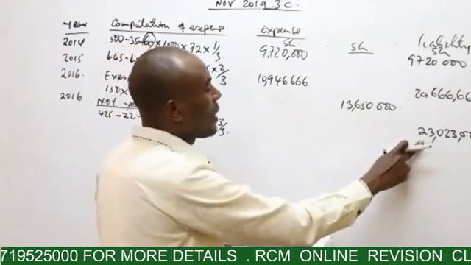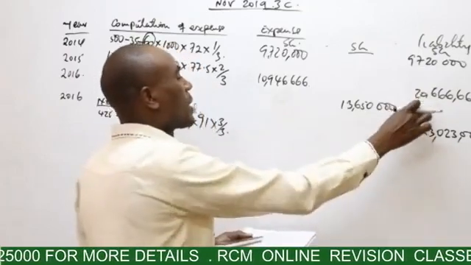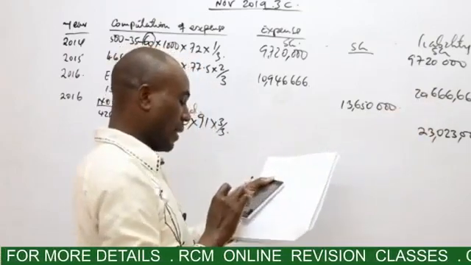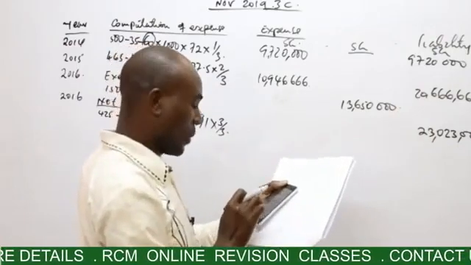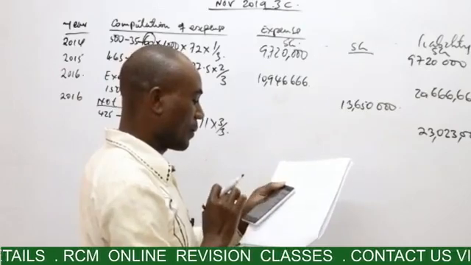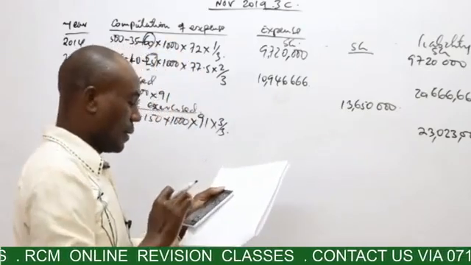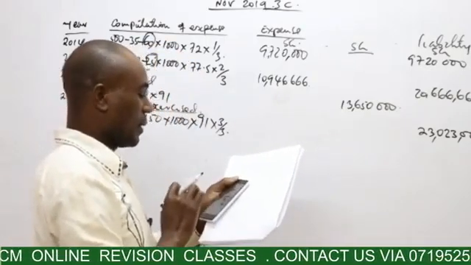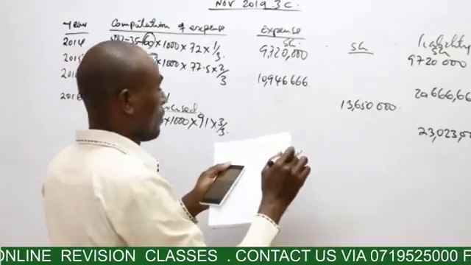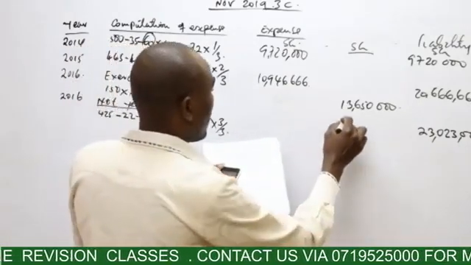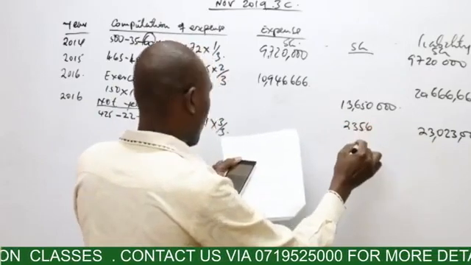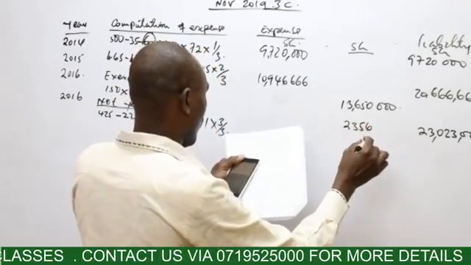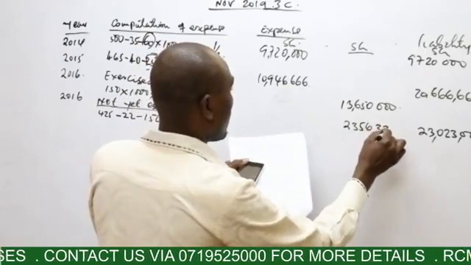Therefore, I will take 23 minus 20 because the liability is still increasing, minus 26,666. I'm getting 23,56,334.